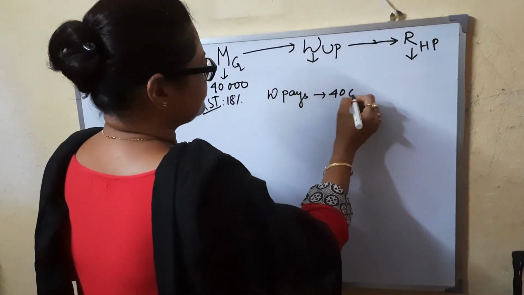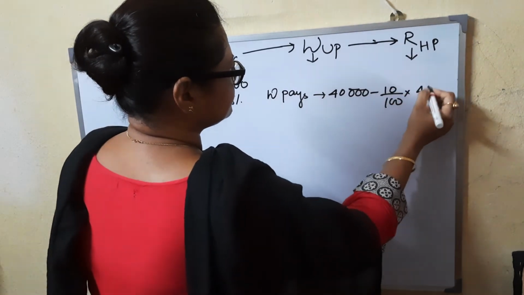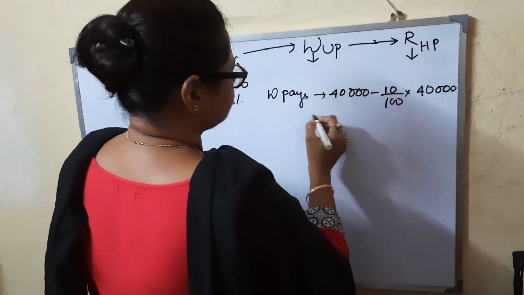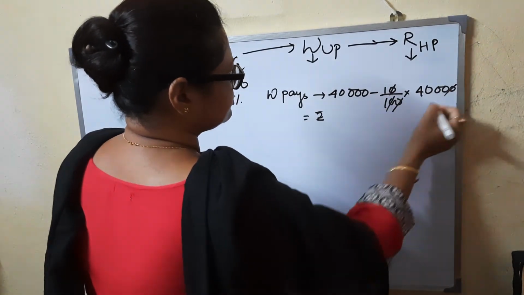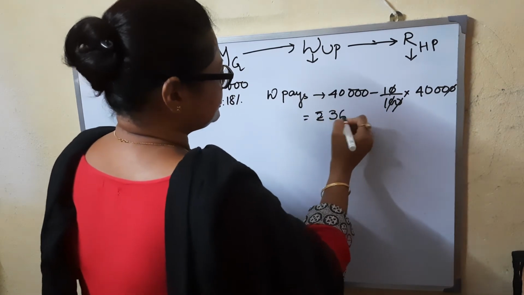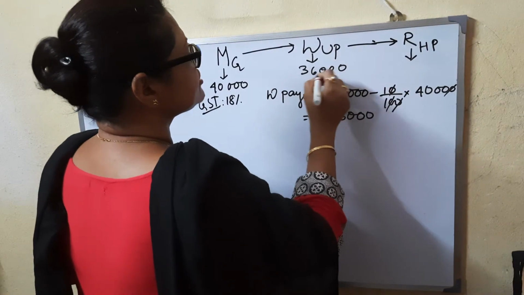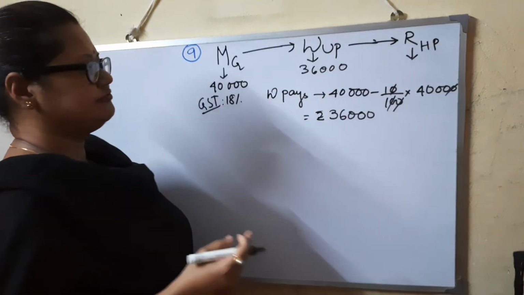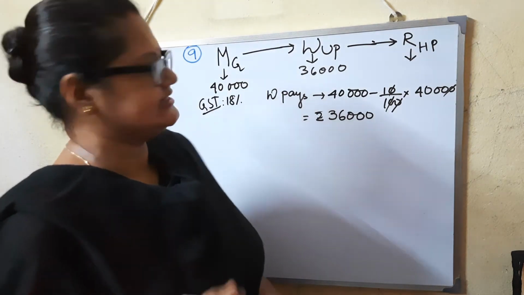So 40,000 minus 10% of 40,000, that is 36,000. So this is the cost of the commodity for the wholesaler without the tax added up.